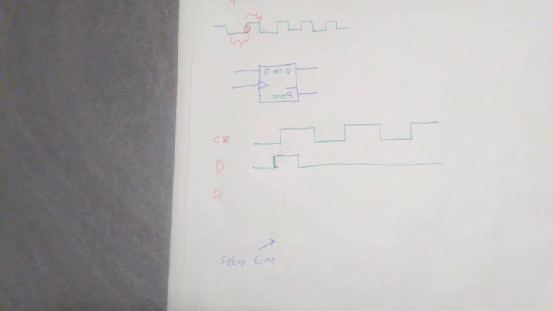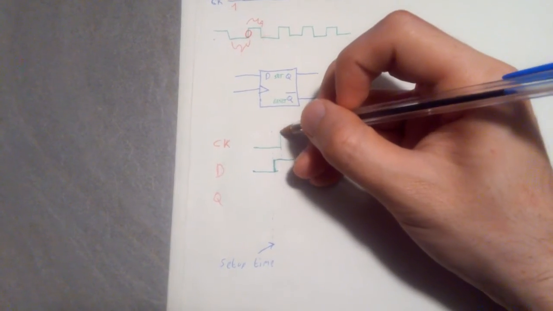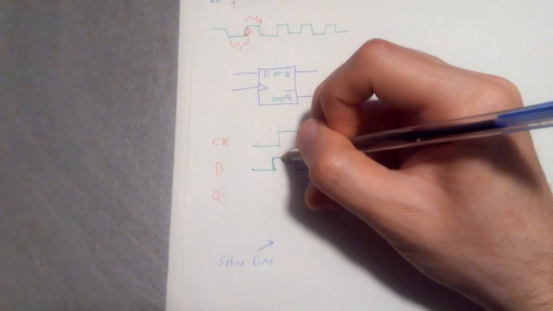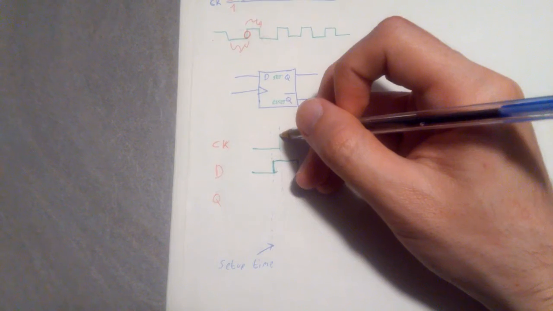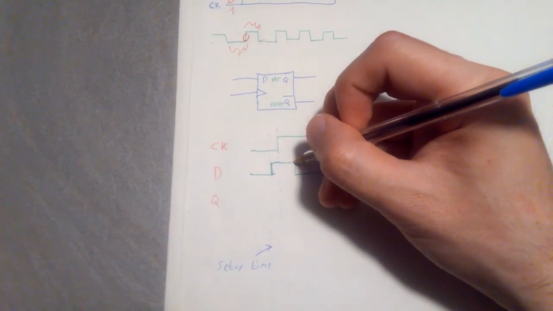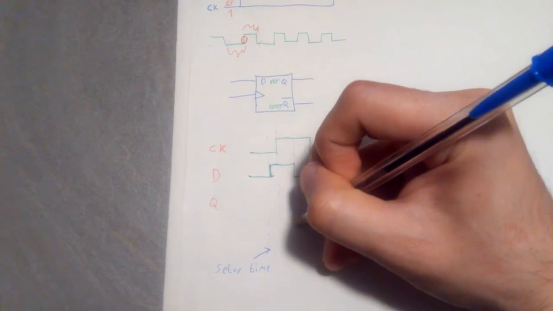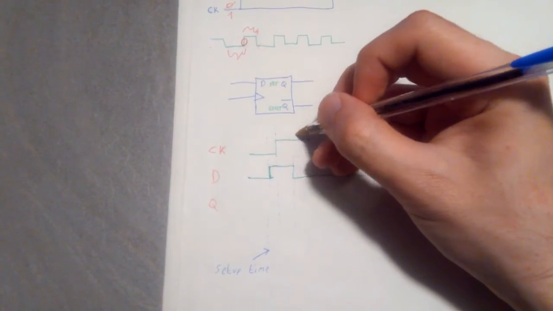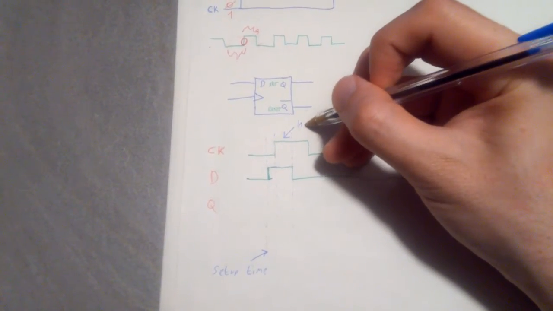Now, we're also going to have another time from here in which the data is already high and the clock goes high, to here when the clock is still high but the data goes low. So this time here is called hold time.